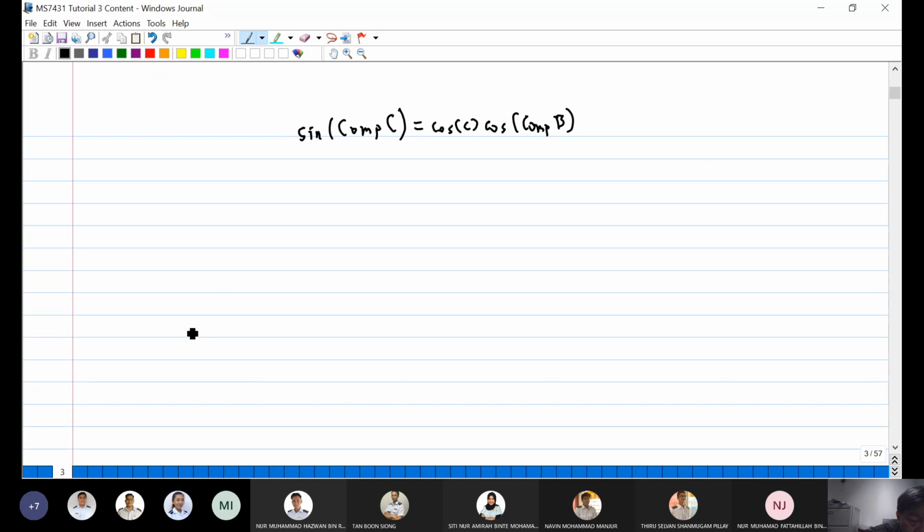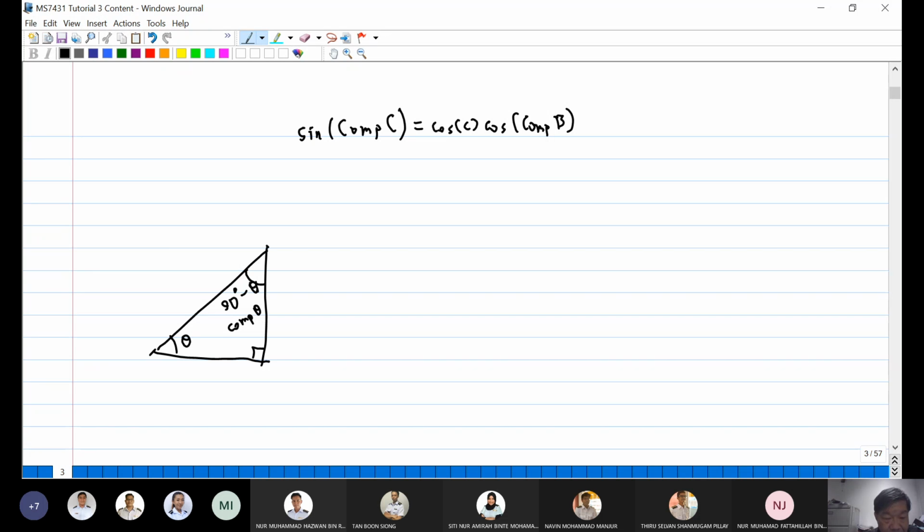I just draw a picture for you. A right angle triangle. Suppose this angle is theta here, so this other angle will be co-theta, 90 minus theta, which is actually co-theta.